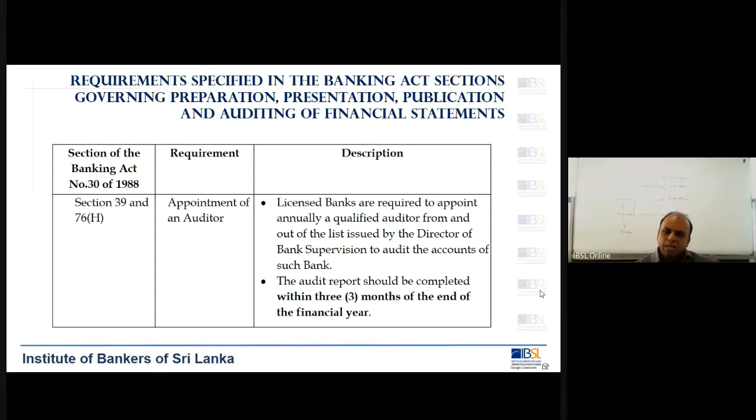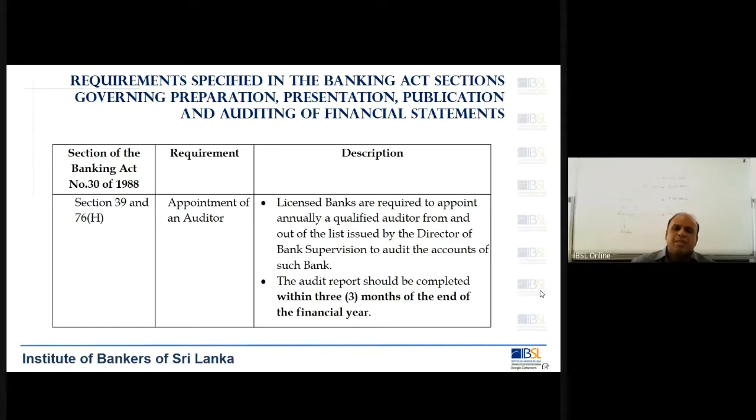He is a member of the Central Bank of Sri Lanka, because the Department of Bank Supervision governs all the licensed commercial banks. This department publishes a list of all the auditors who can be considered by the banks.